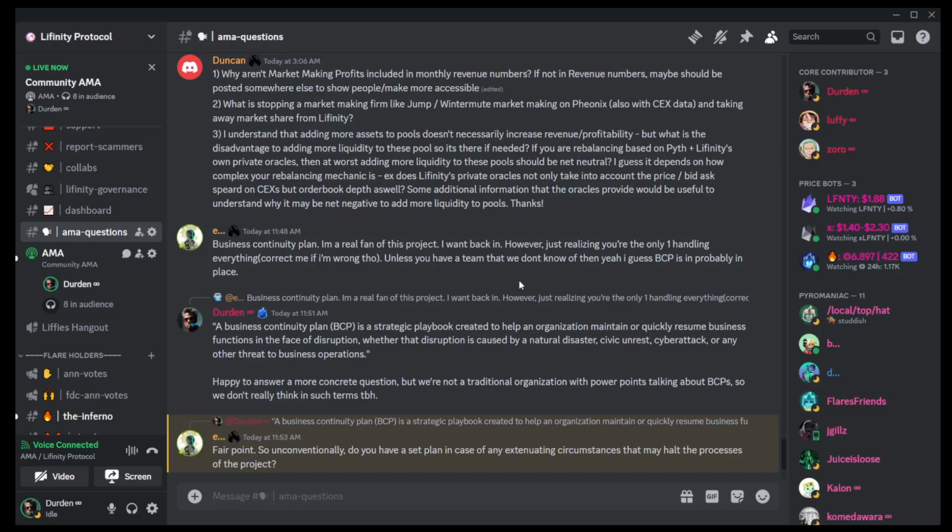Whereas that's not the case with Lifinity. Because it uses an Oracle, assuming the Oracle is able to land its updates, then Lifinity just reads that. It doesn't have to post bids or asks or adjust them. It just references the Oracle price feed value and determines the prices it's offering based on that.